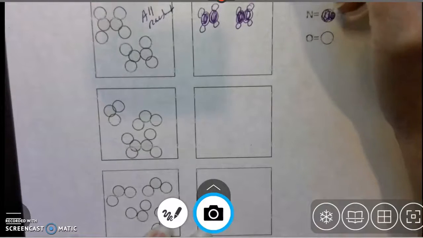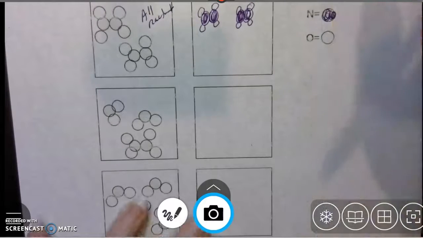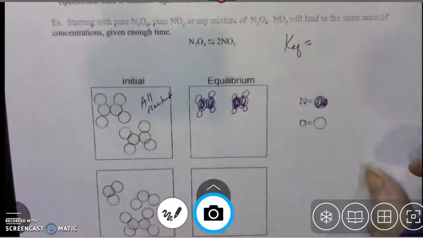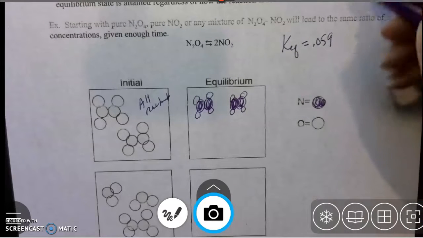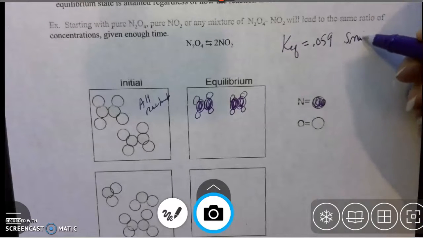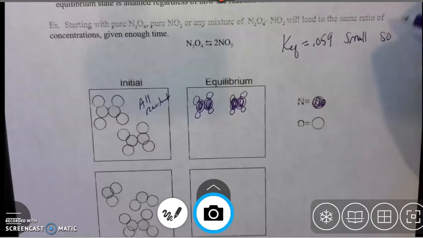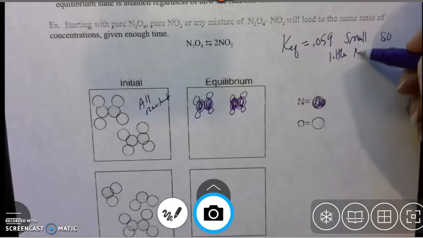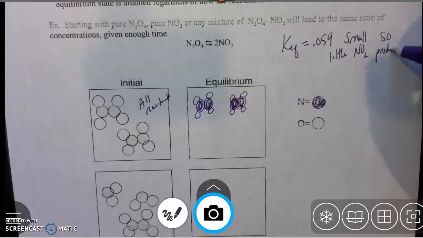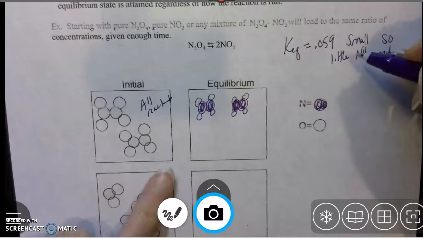So this one has a KEQ value of 0.059. So this is a small value, so there's little NO2 being produced. So I'm still going to have more reactant than I am product.